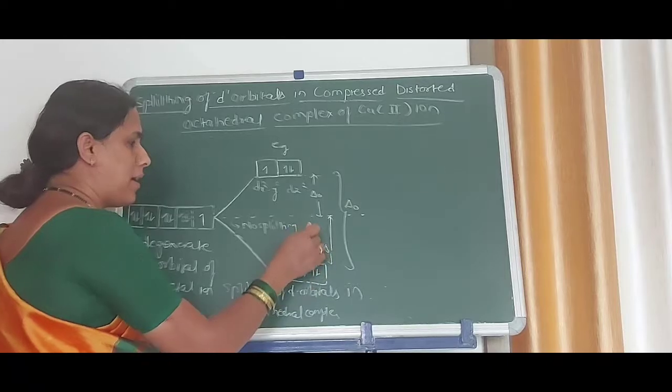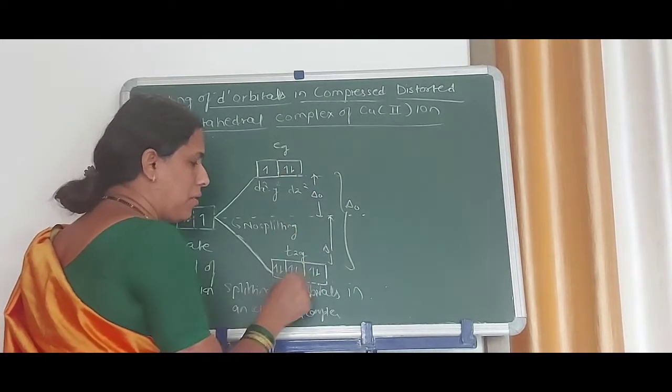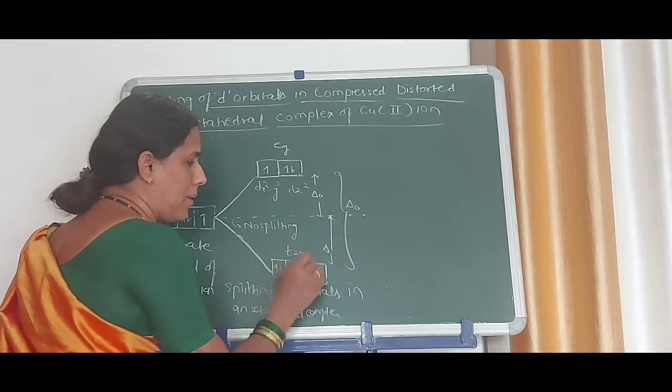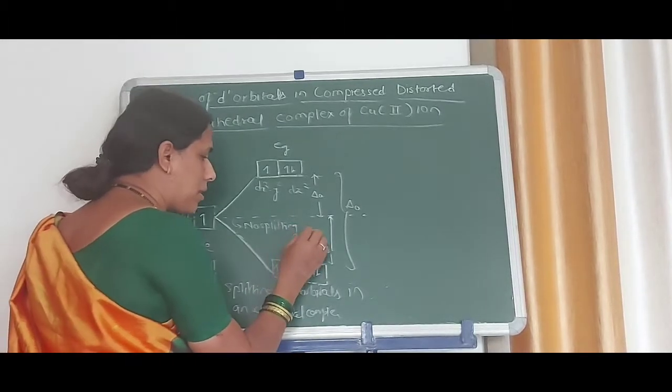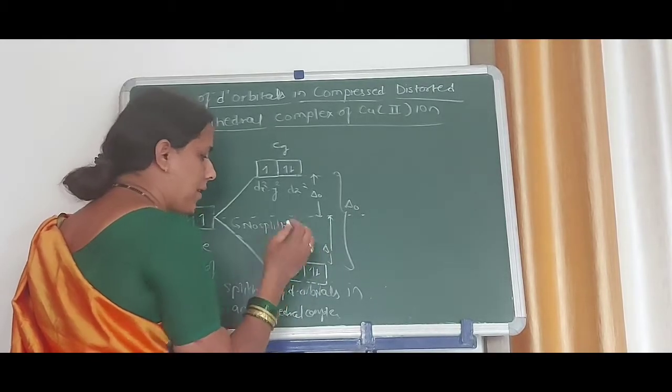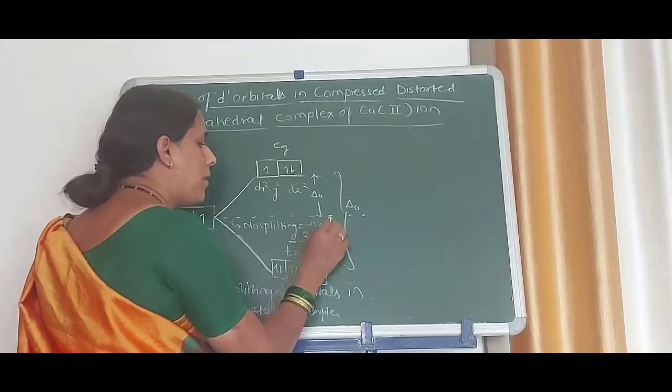Here we have to find out delta 0. How many orbitals are there? In total, 5. How many are combining here? 3. Therefore it is 2 by 5 less in energy, so the value is minus 0.4 delta 0.